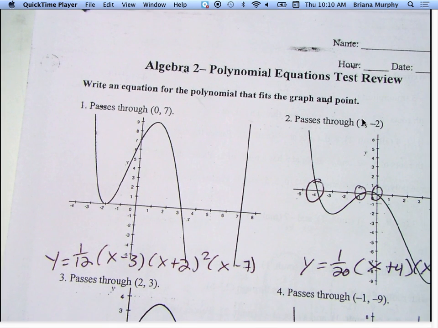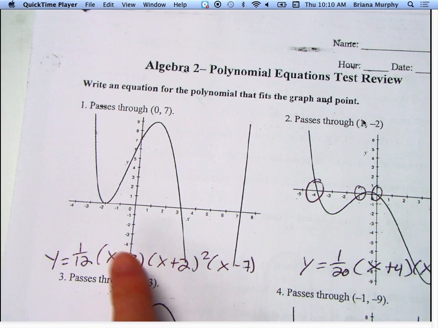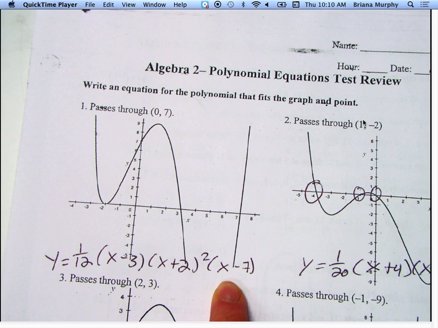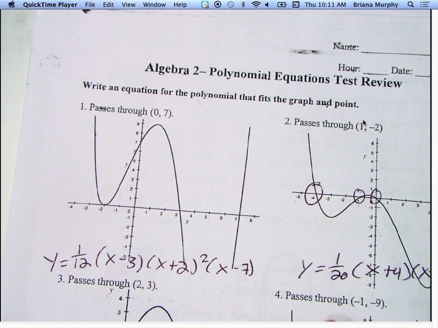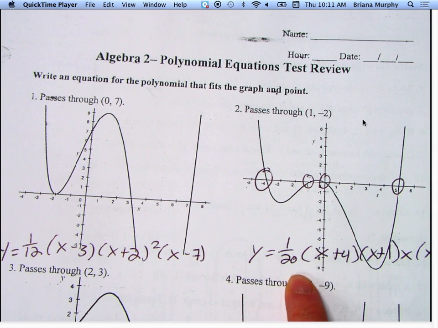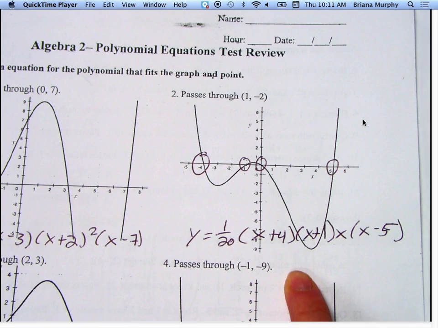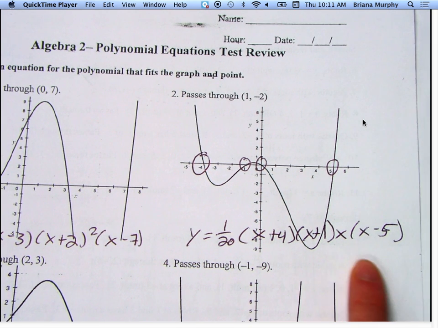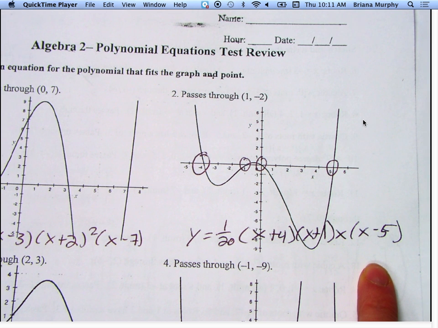Number 1 is y equals 1/12 times x minus 3 times x plus 2 squared times x minus 7. Number 2 is y equals 1/20 times x plus 4 times x plus 1 times x minus 5.